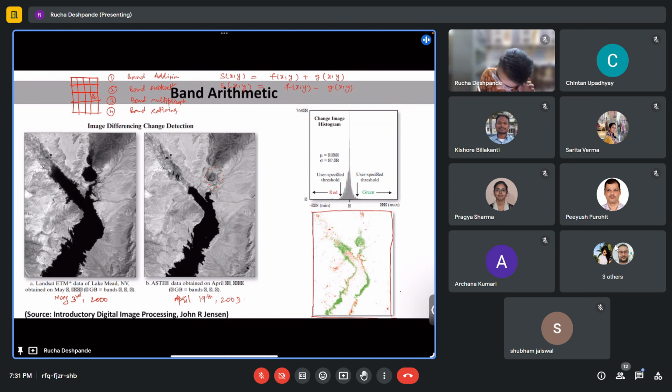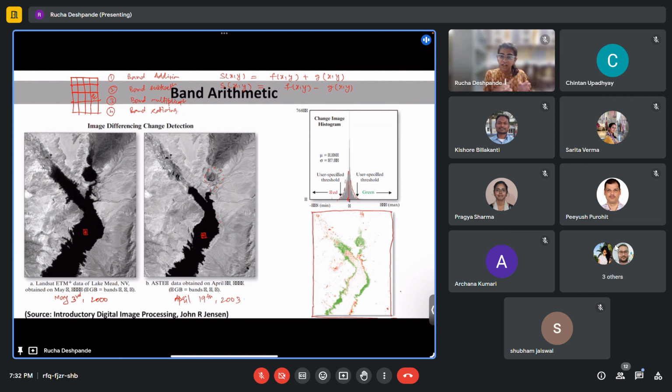Where the histogram is distributed around the mean, these are the pixels which represent no or very little change. Like this pixel: previously it was a water pixel, and on the other image it's representing the same.